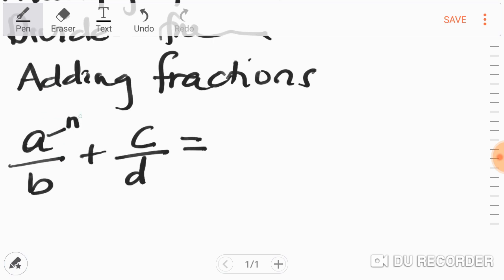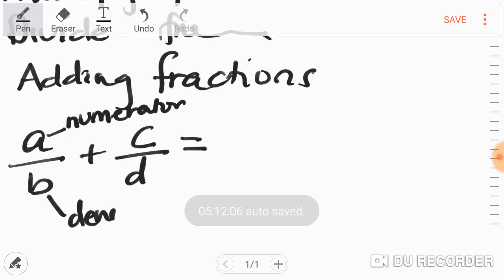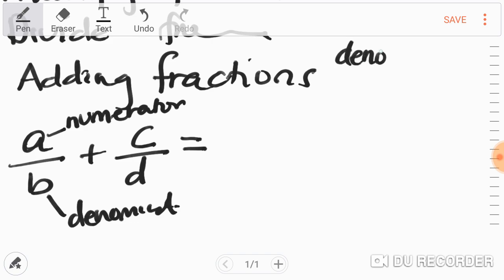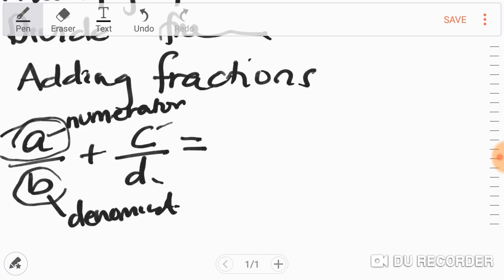This is the numerator and this is the denominator. Let's continue. Even this one is the numerator, this one is the denominator. The one you find on top is the numerator and the one at the bottom is always the denominator.